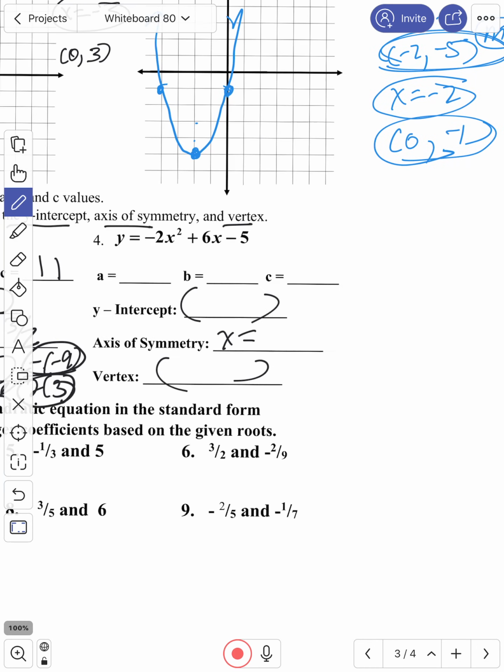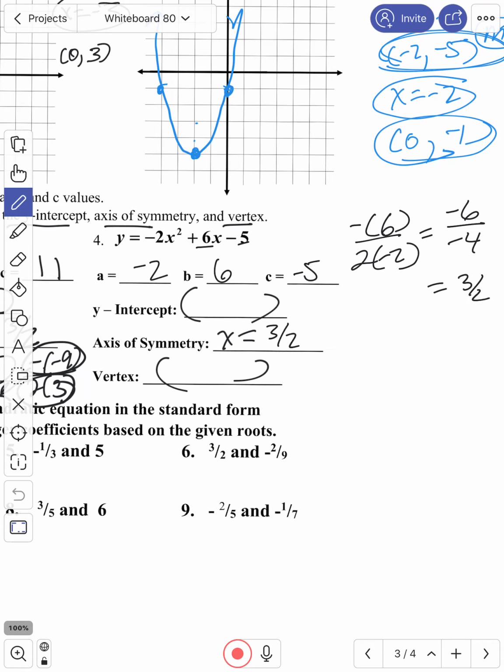Yeah, that looks right. All right, now for number 4, I'm going to say a, b, and c. So I'm going to have negative b over 2a. b is 6, a is negative 2. That gives me negative 6 over negative 4, which gives me 3 halves. So that's my axis of symmetry and the front of my vertex.